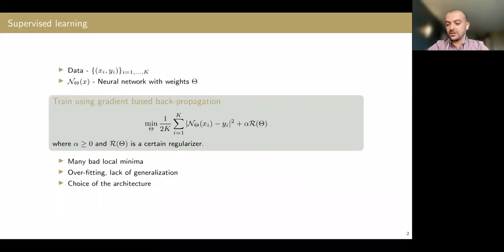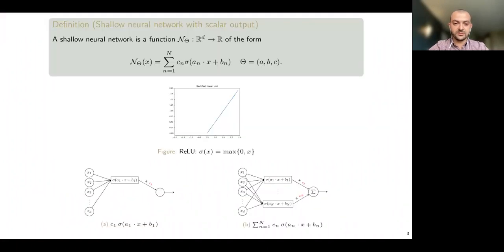Okay, so our method is trying to address some of these questions in the setting that we'll describe in a second. The neural network, which I promised to define, is a shallow neural network. We're looking at the shallow case because this is easier to analyze mathematically, which is our goal.